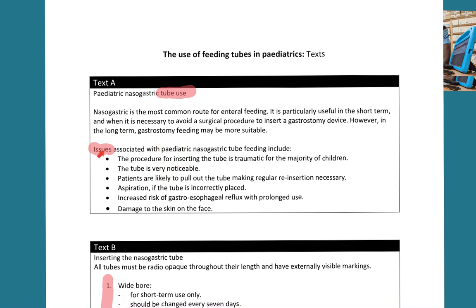Issues over here can be paraphrased as risks or problems or challenges. And these are the risks. You can even get another proof over here. Increased risk of gastroesophageal reflux. So text A, number 1 will be text A.